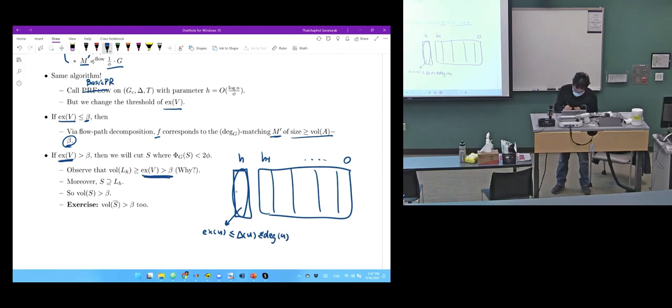But the total excess here is at least beta, so it means that the total volume of this whole thing is at least beta too. And your cut here must contain the topmost level, so your cut is at least as big as beta.